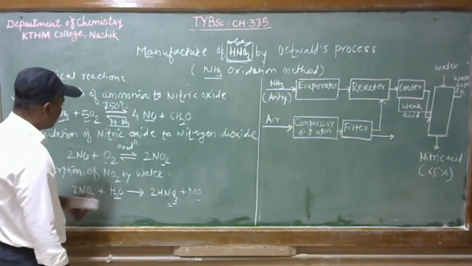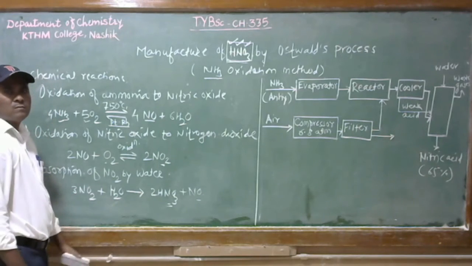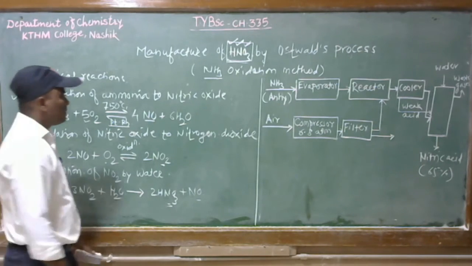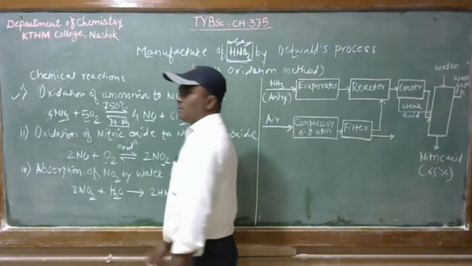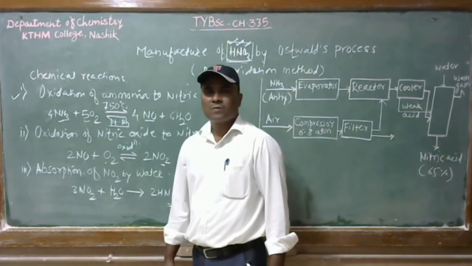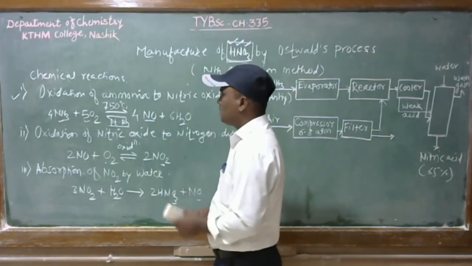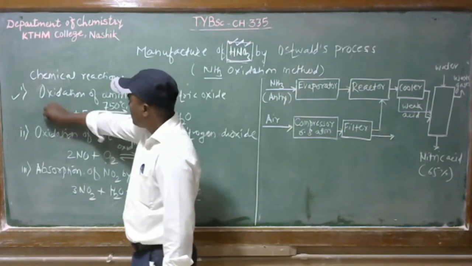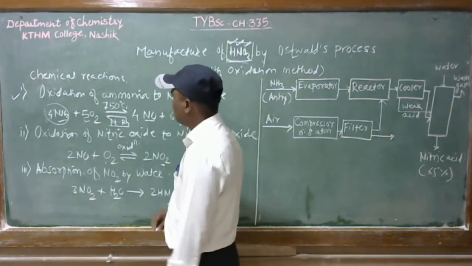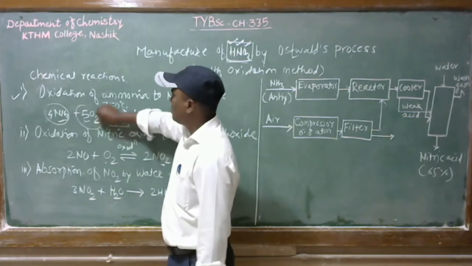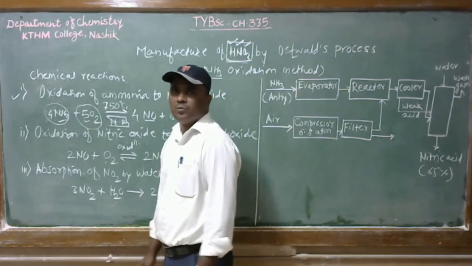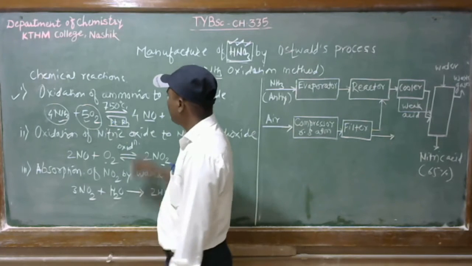So from this you can easily see the starting materials needed for the manufacture of nitric acid. The first starting material is ammonia. The second starting material is pure air or oxygen.